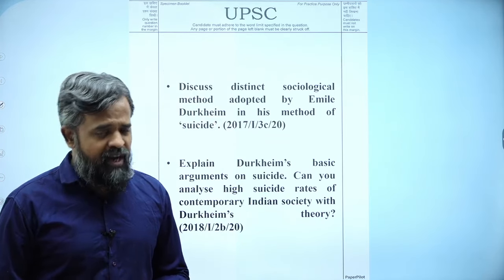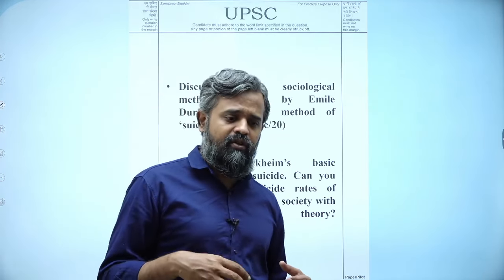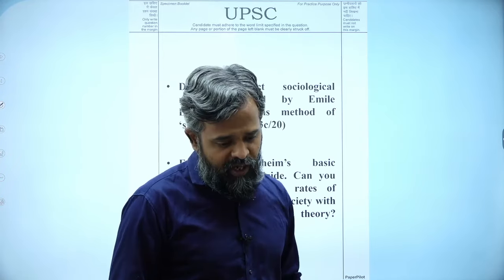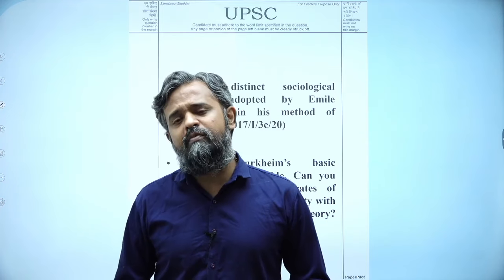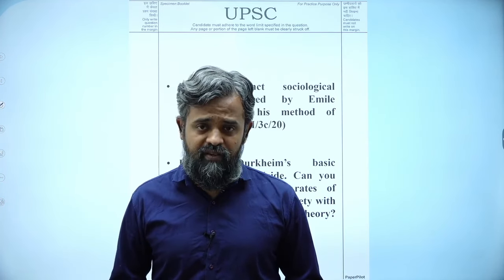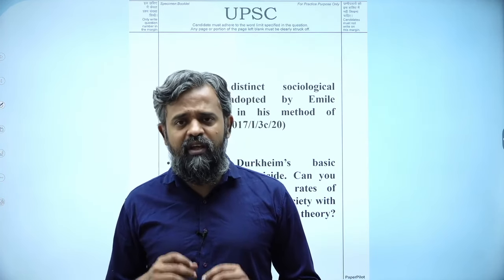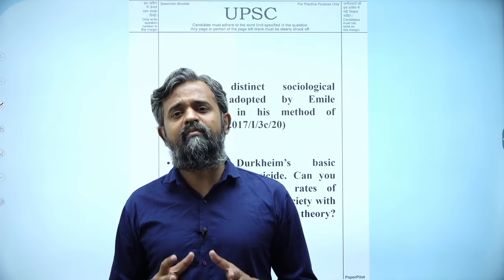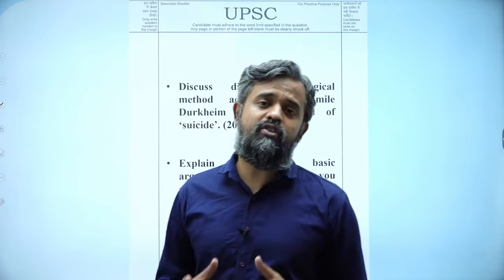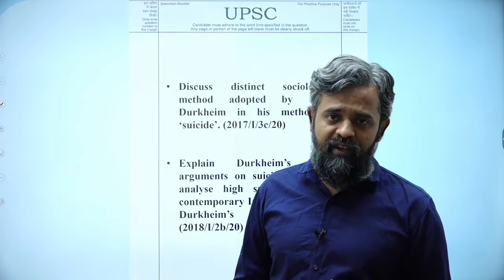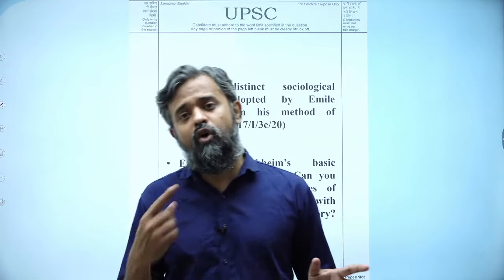And why did he write this particular book? He did not write this book so that people could understand suicide better. He essentially wrote this book to help people understand sociological method. In Rules of Sociological Method, he talks about it.